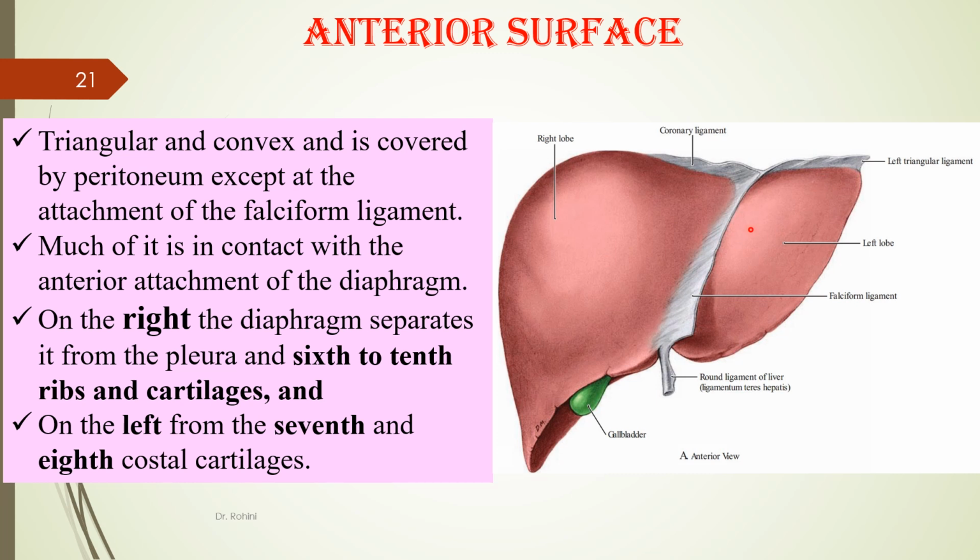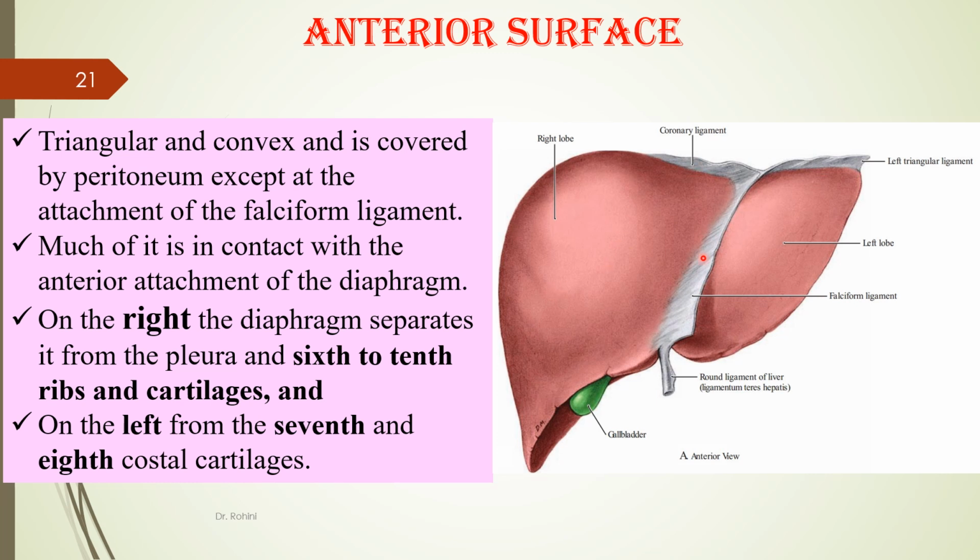On the left side, this part will be related to the diaphragm and the left 7th and 8th costal cartilages. So we can divide the anterior surface into right part, left part, and intermediate part. The left part will be related to the diaphragm, and outside the diaphragm there will be the 7th and 8th costal cartilages. The right part will be related to the diaphragm, outside which there will be the 6th to 10th ribs of the right side, because it's a bigger part.